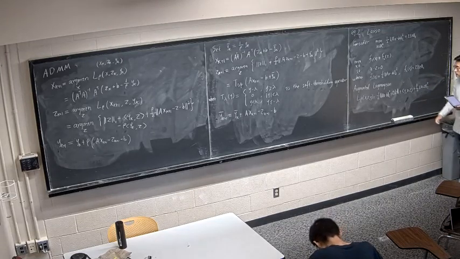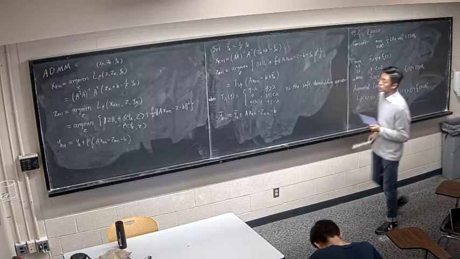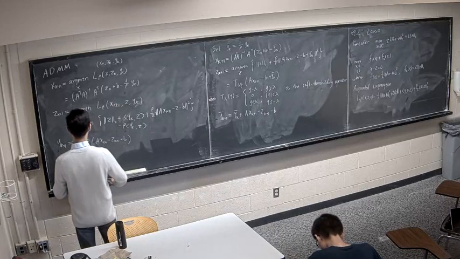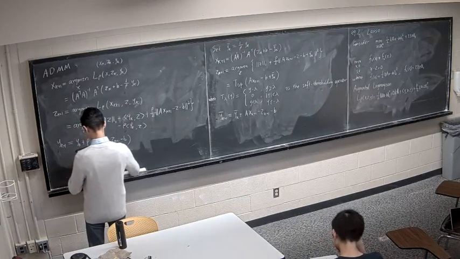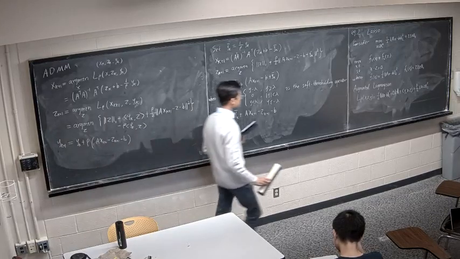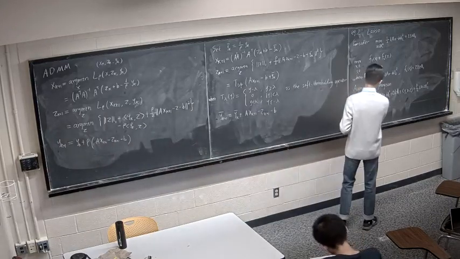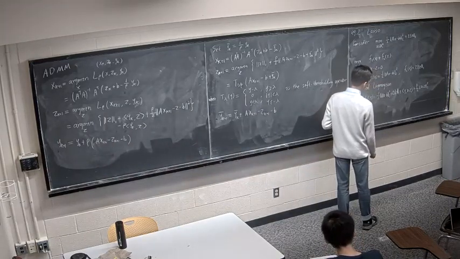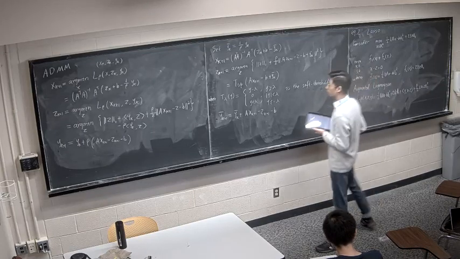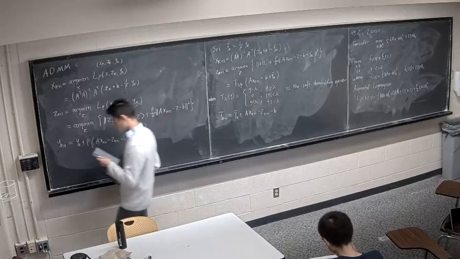Okay, this is the augmented Lagrangian. And then let's do the three updates. So for x, it's quite similar to what we had before, because in terms of x, this is again a quadratic function. So we will have an exact solution.